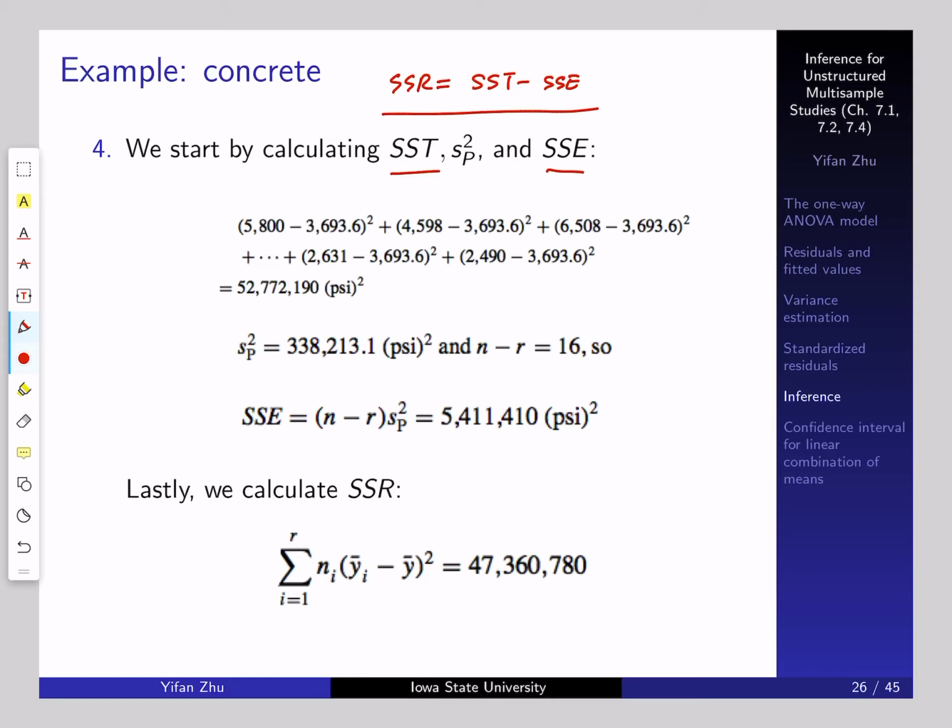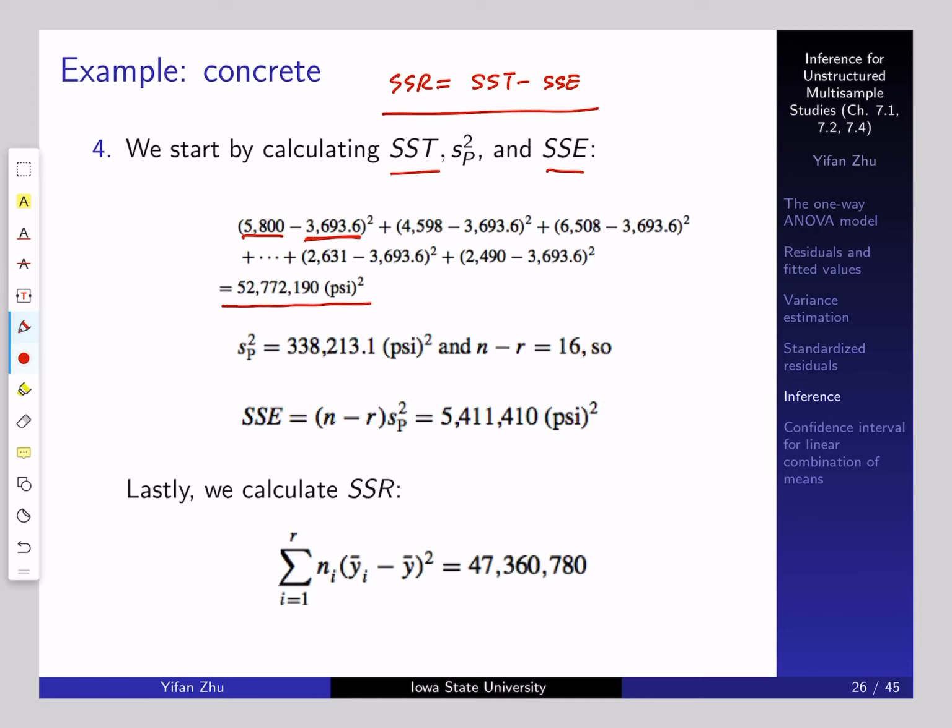The total sum of squares is the sum of Yij minus y dot dot bar, squared, so it is Yij minus the sample mean of all the y's.